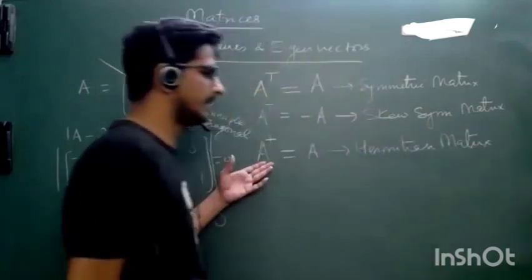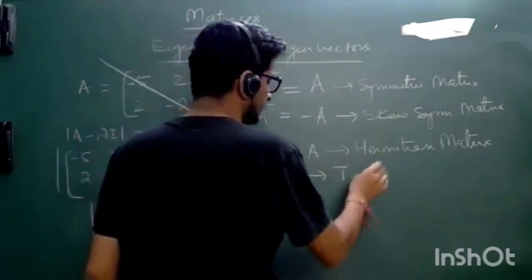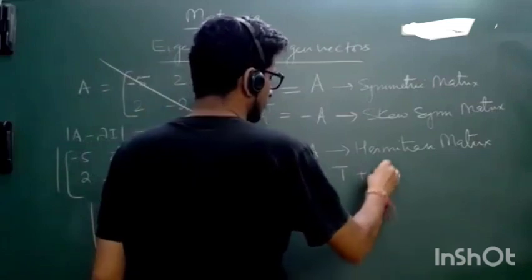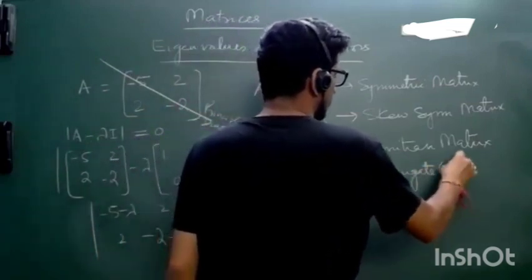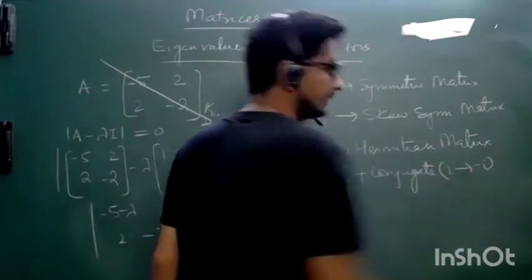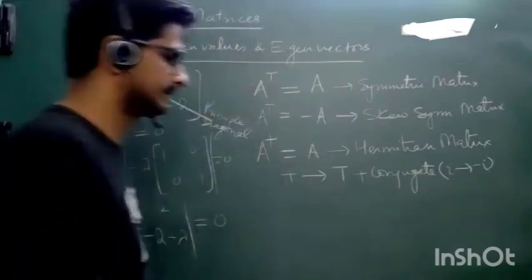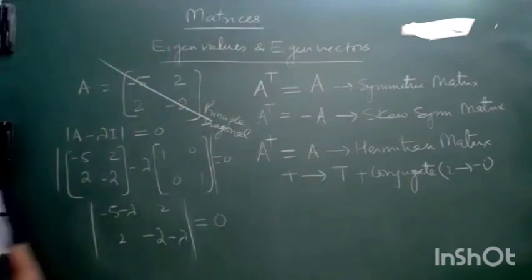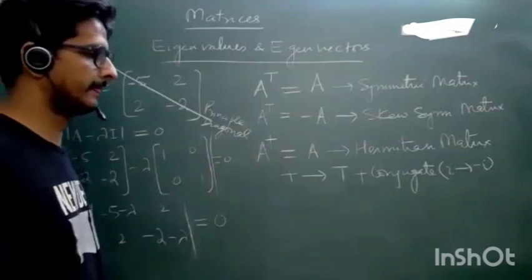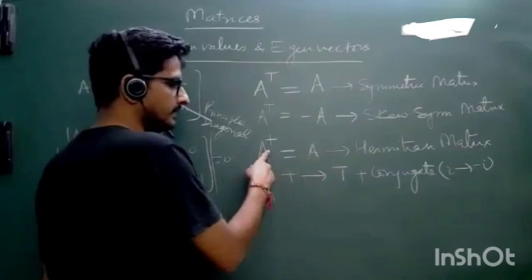So what do you mean by dagger? Dagger means transpose as well as conjugate. And what is meaning of conjugate? Iota is just replaced by minus iota. This is meaning of conjugate. Correct? So A dagger is equal to A is Hermitian, and you understood what is dagger operation?